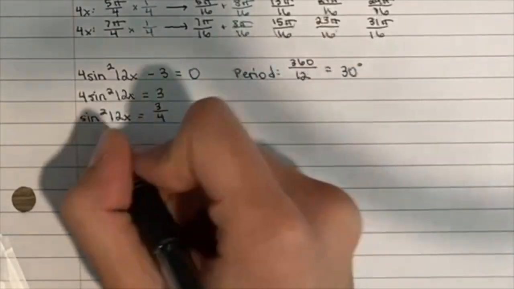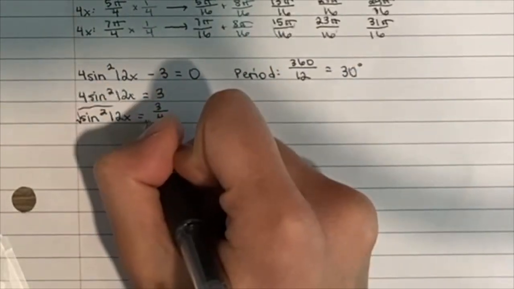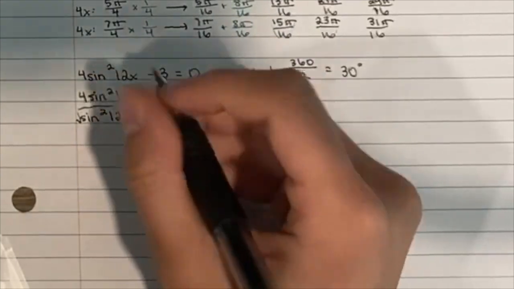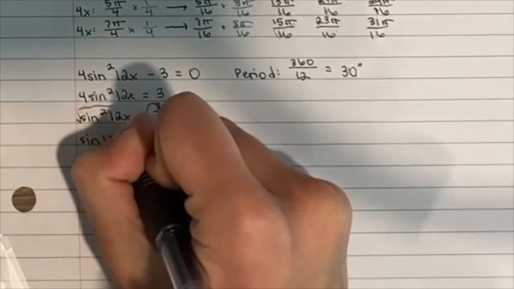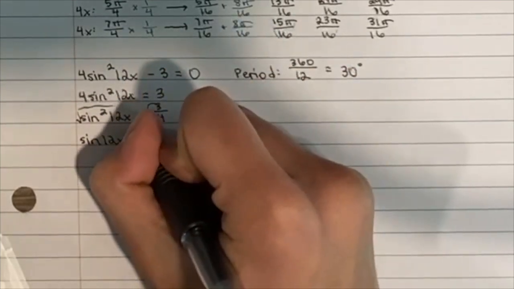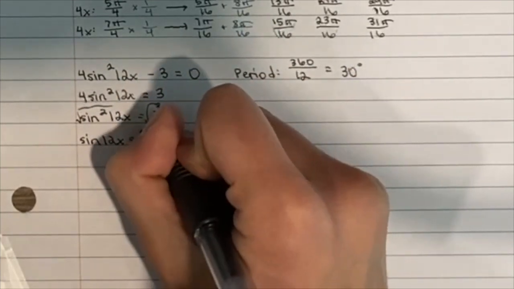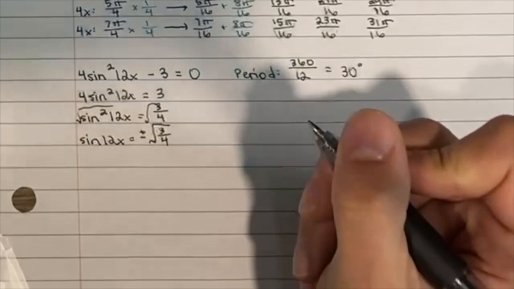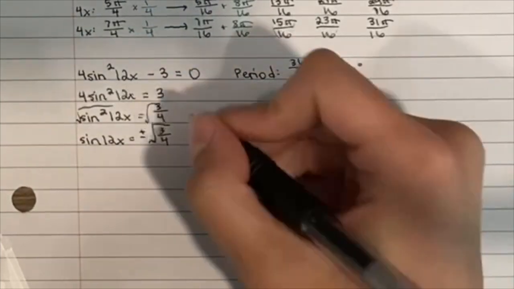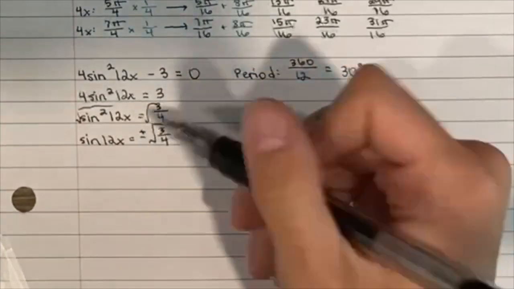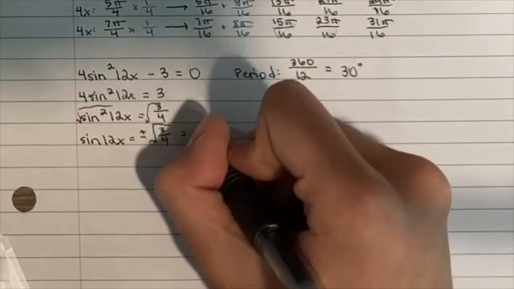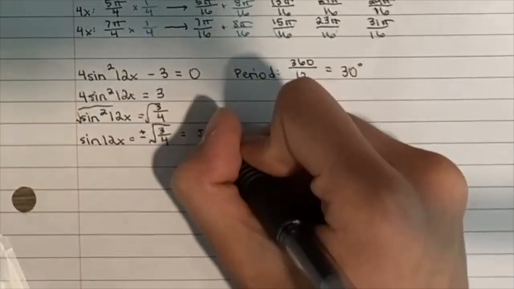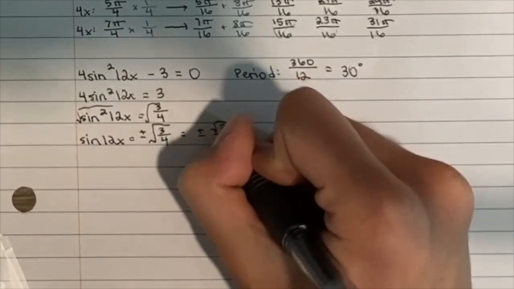Now take a square root of both sides, which is going to give sine 12x equals plus or minus square root of 3/4. So you have to rationalize here as well, which is going to give an answer of plus or minus the square root of 3 over 2.